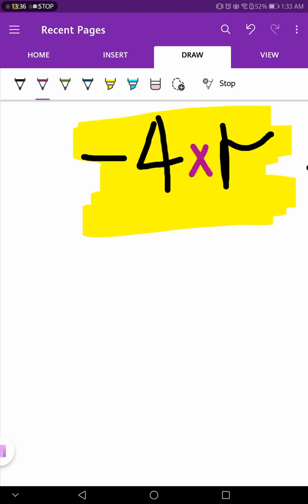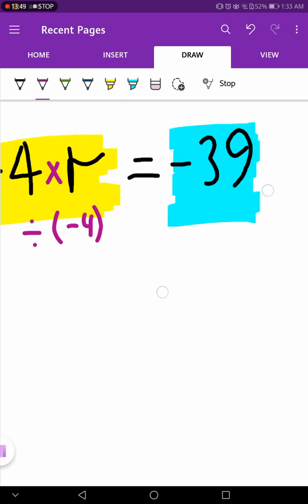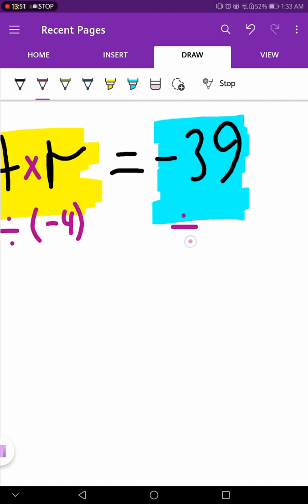The coefficient of the r here is negative 4. How do I eliminate it? By dividing this side by negative 4 and dividing the other side by negative 4.